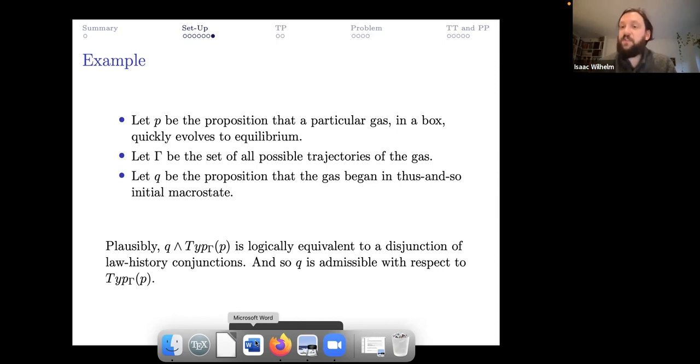Yeah, that's cool. Okay, so my principle is also going to have a total evidence requirement, not in the same way.